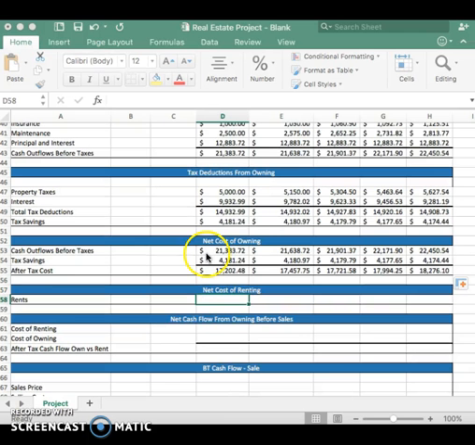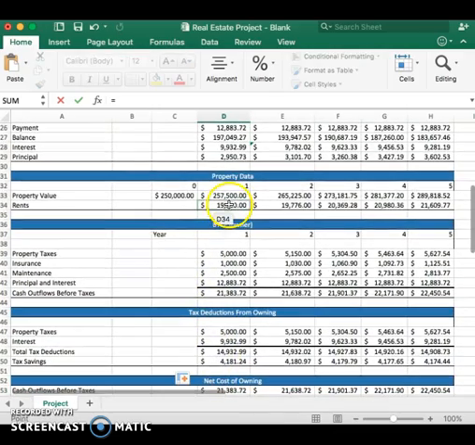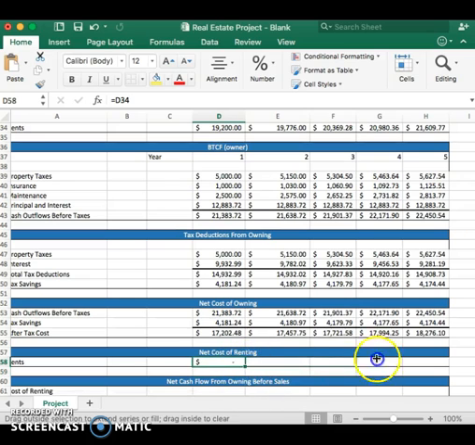and that is the net cost of owning. Our next block will be the net cost of renting, which can be done rather simply by taking the numbers we got up here and simply just copying them across.